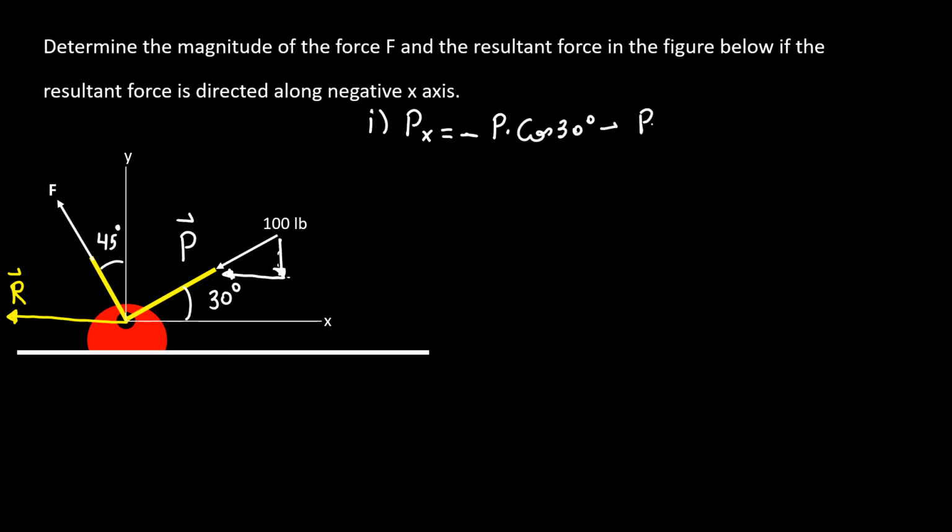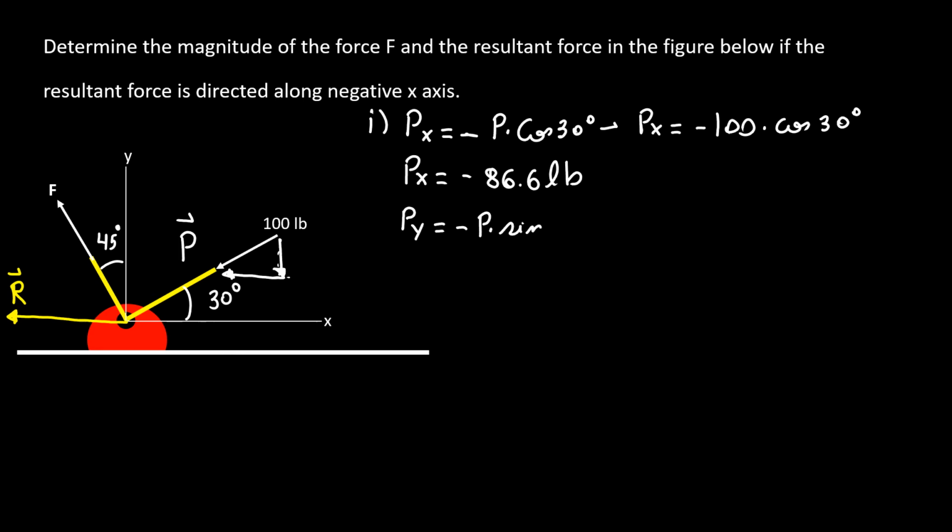So my Px will be minus 100 times cosine of 30. So my Px will be minus 86.6 pounds. Doing the same analysis for my y direction, so my Py is minus 100 times sine of 30.